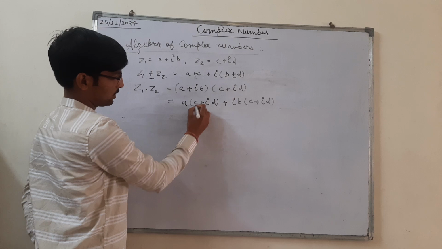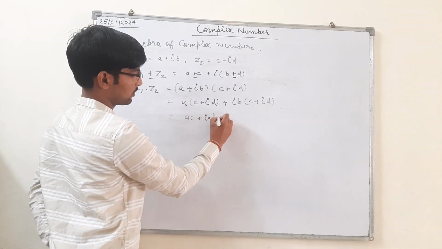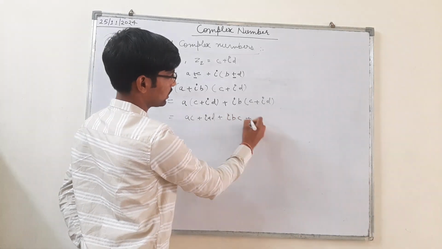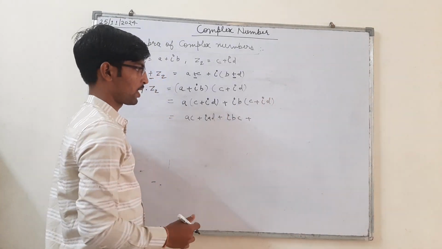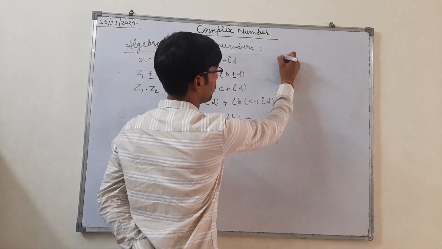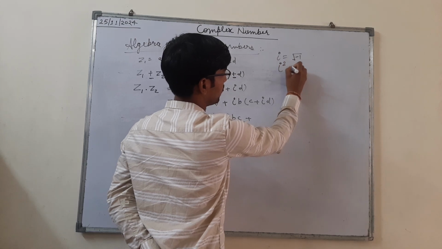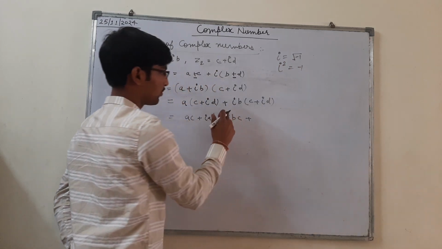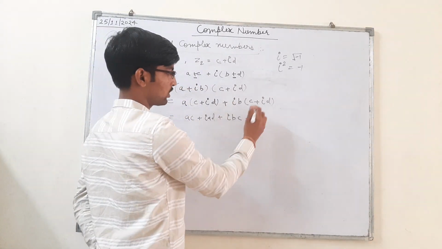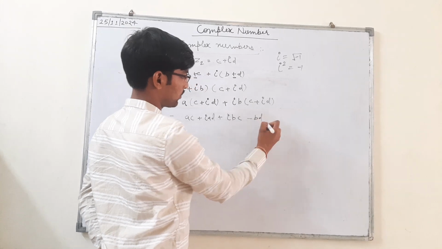Now this is ac plus iota ad plus iota bc plus iota times iota bd. Iota times iota is iota square, and we know that if iota is equal to root minus 1, then iota square is equal to minus 1. So iota and iota is iota square equals minus 1, so it is equal to minus bd.